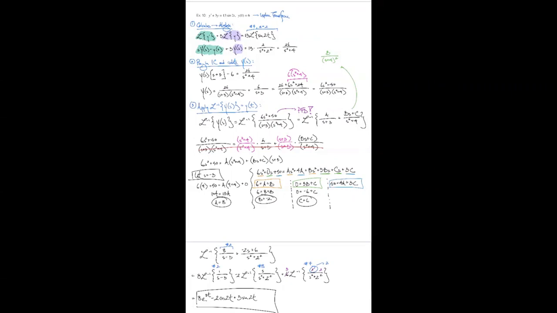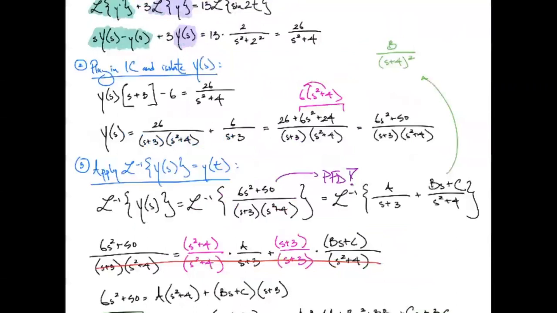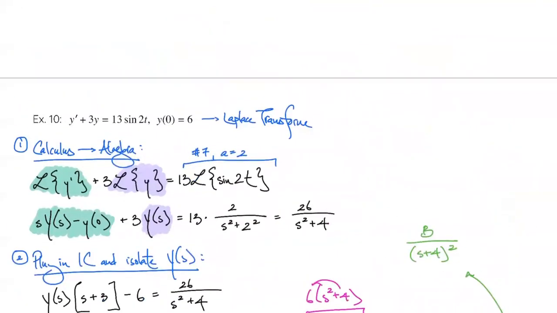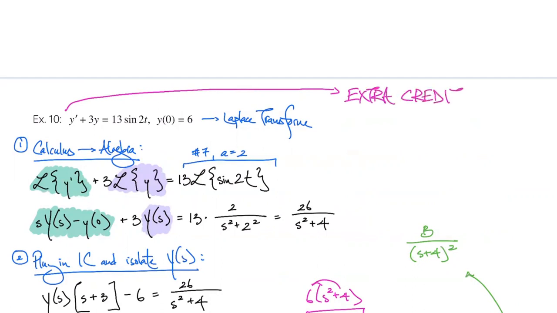All right, so in addition to the other extra credit that you have, I'd like to offer one more opportunity here for extra credit. I'll write this in the pink. We did this using Laplace transform.